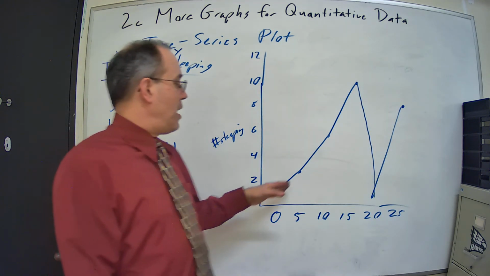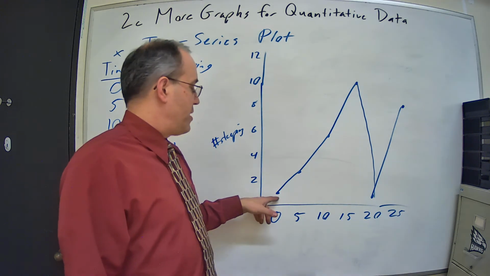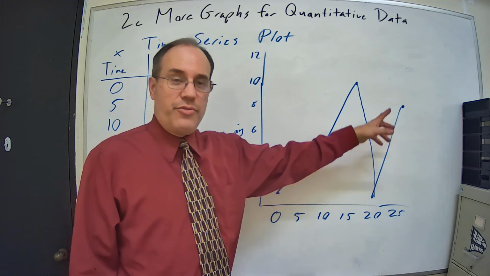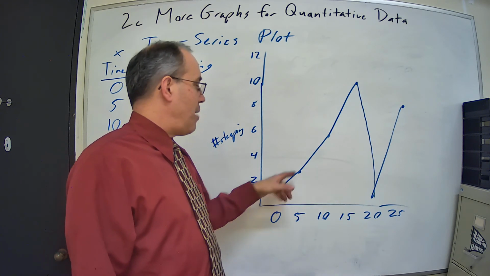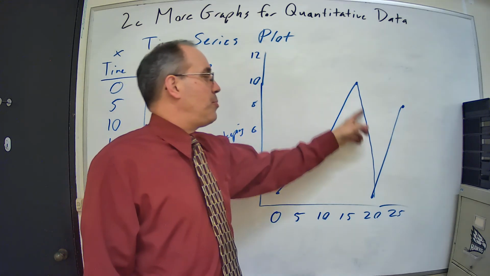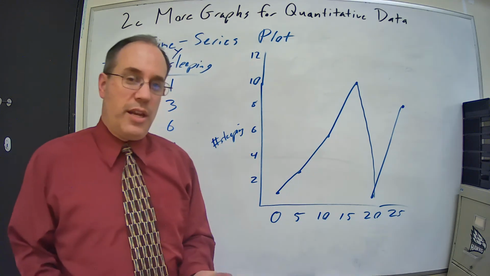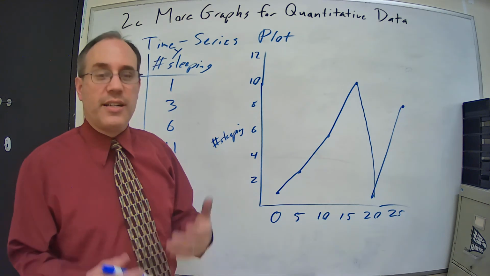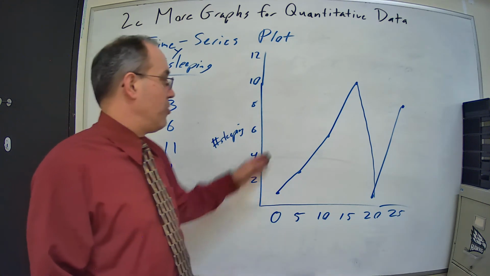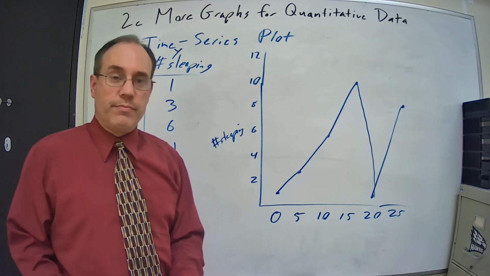So the straight lines tell us that this is a series of data values. We followed set time intervals, but that this should not be used to approximate how many people were sleeping in between those times, because we don't know. It really wasn't a consistent or continuous flow.